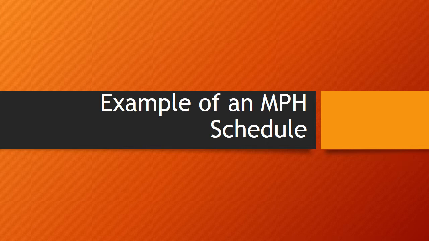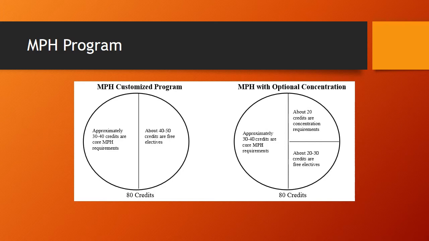This is a schedule for someone who concentrated in epidemiology and biostats and took almost two certificates. Like I said before, the MPH program is supposed to be done as approximately 80 some odd units.